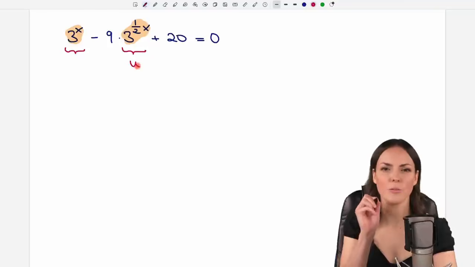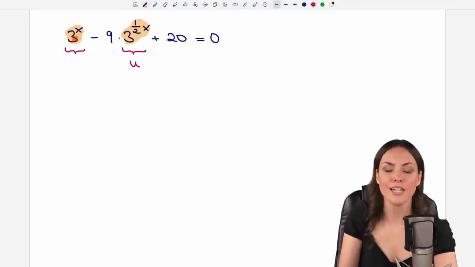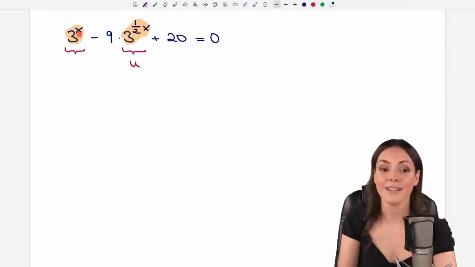And that's why it was so important that you have a connection between these two expressions, that the bases are the same and that the exponents have a connection, that this exponent is twice as large as this one, because if that's the case, then this thing here is just U squared, always.